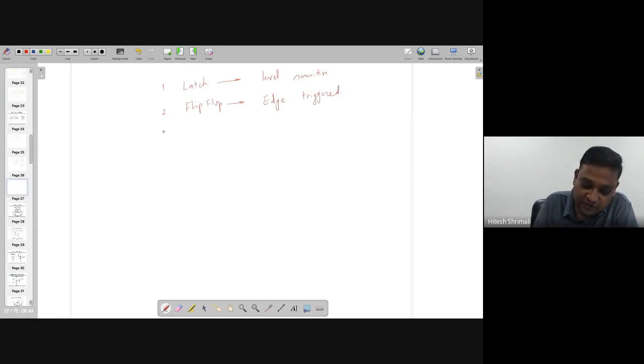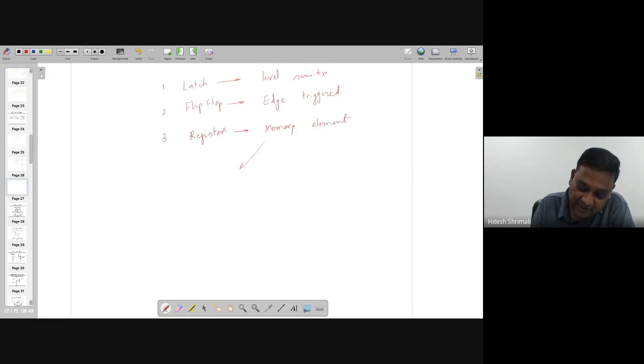And we also studied registers. This is also a memory element, but this is called a background memory element. The front end one is the one where SRAM, DRAM, and other memories are made. And we also studied the difference between static and dynamic.